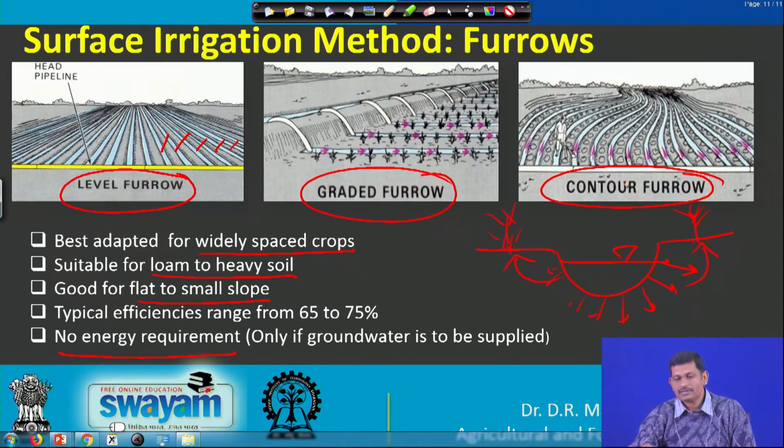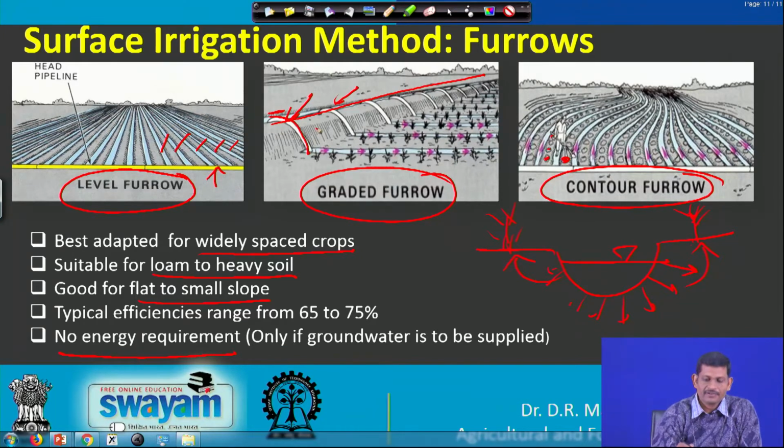The field channels follow the contours, and the beds follow the contours. Here the plants will be grown. These are the siphons. As I mentioned, instead of a gate or pipe, we also have a field channel here, and from the field channels we use siphons to convey water to the field.